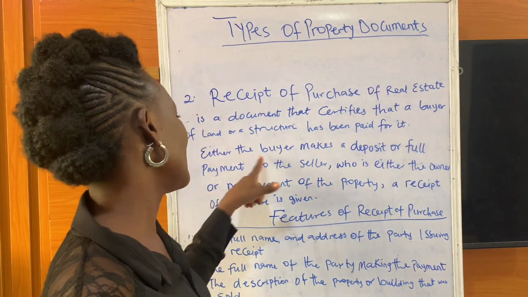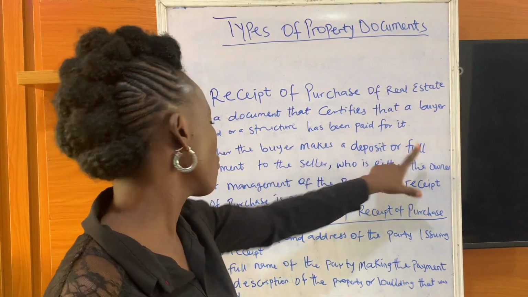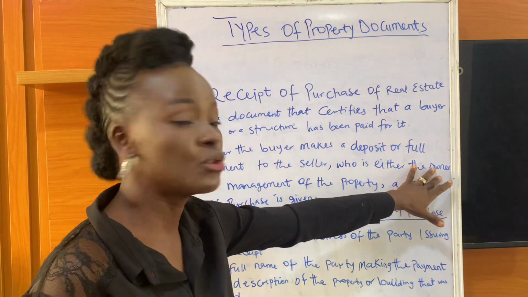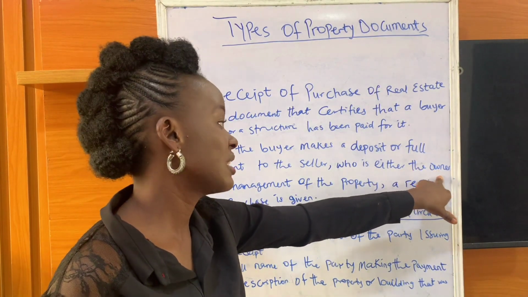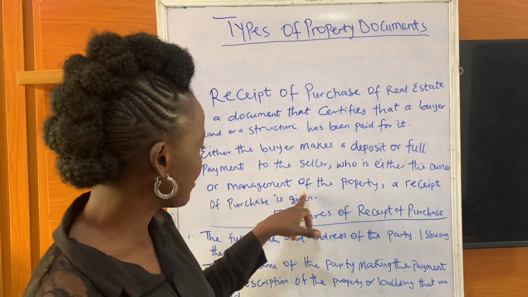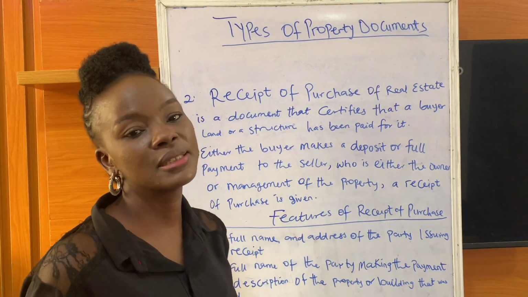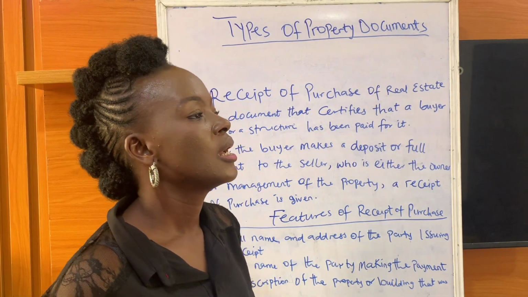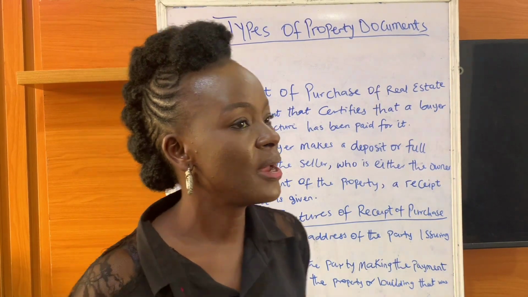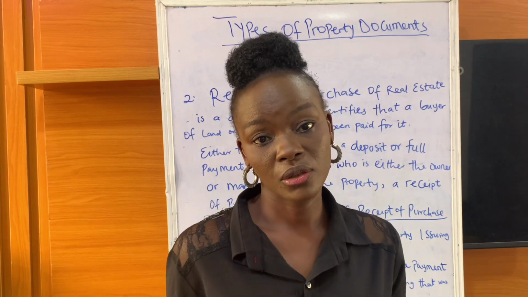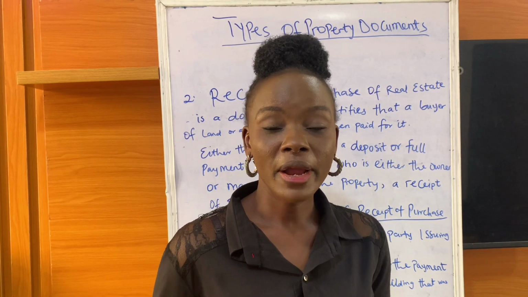And then, either the buyer makes a deposit or full payment to the seller, who is either the owner, please note this word, very important, or management of the property. A receipt of purchase is given. Simple. Either the person who is buying made an initial deposit or he paid in full.